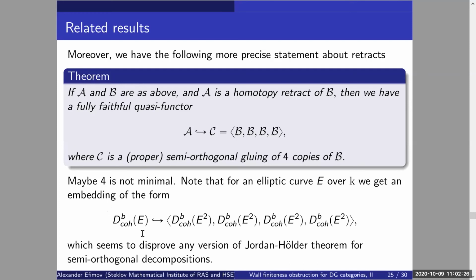So you cannot even hope that an indecomposable Calabi-Yau category, if it appears in one decomposition, also appears in the other decomposition. So it looks like there's no reasonable weakened version of Jordan-Hölder which would hold for smooth and proper DG categories.